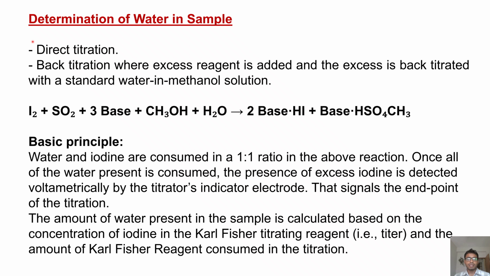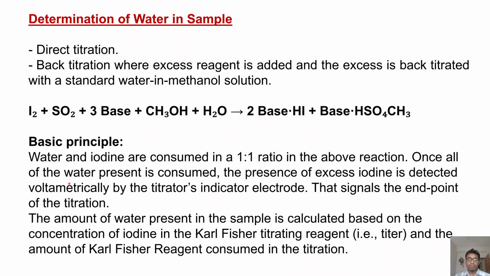So let's discuss the determination of water in a sample. The procedure can be done by direct titration and back titration, where excess reagent is added and the excess is back titrated with standard water in methanol solution. Let's discuss the basic principle. Water and iodine are consumed in a 1:1 ratio in the above reaction.